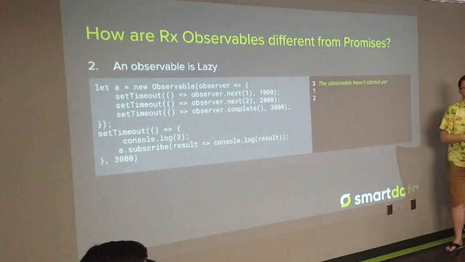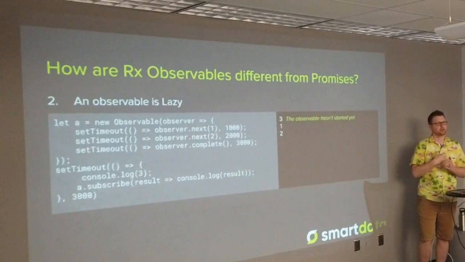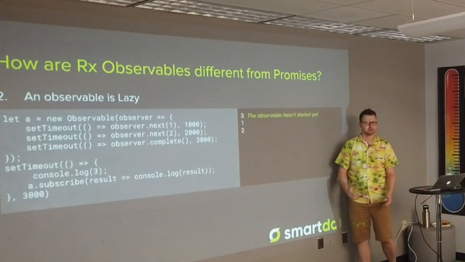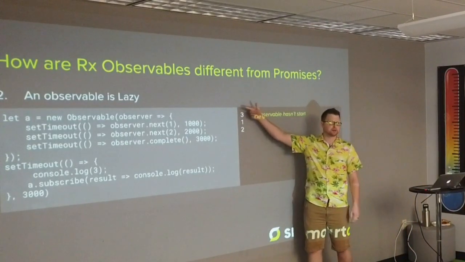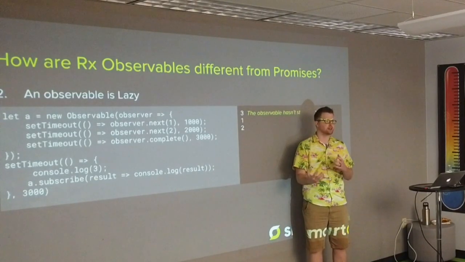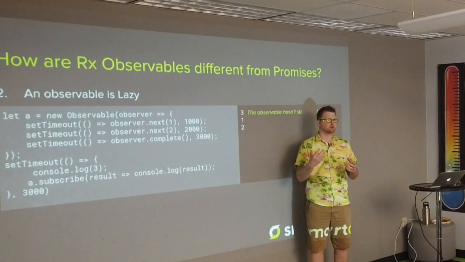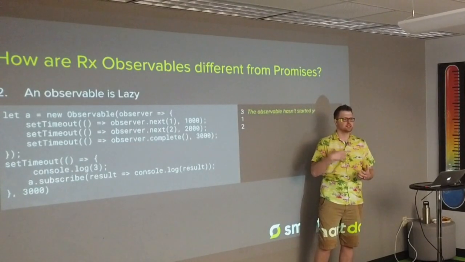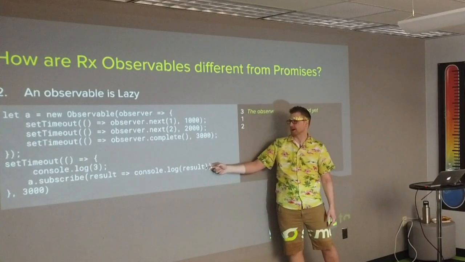The second difference, and this is one that can catch you if you're used to promises and then you start using observables, is that an observable is lazy. If you set up a promise, it's going to fire off immediately when you create it, and it's going to run whether or not you attach a then to it, whereas an observable does not fire off until you subscribe.